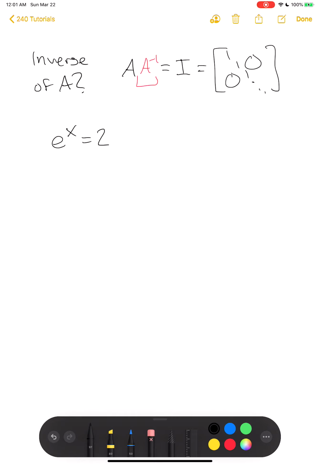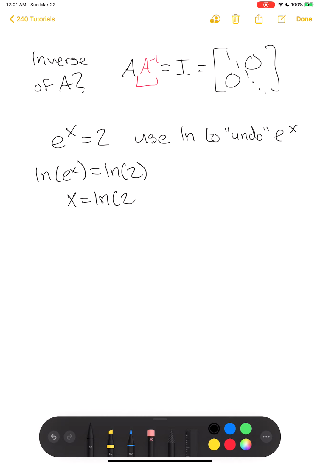Well, you need to use the inverse of e to the x, which is natural log. So you're going to use it to undo this e to the x term. So you take the natural log of both sides, which is equal to the natural log of 2, and the left-hand side just becomes x because it's an inverse, and just like that, you've solved your equation.